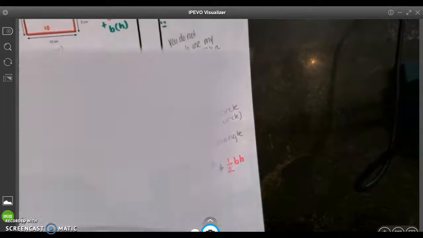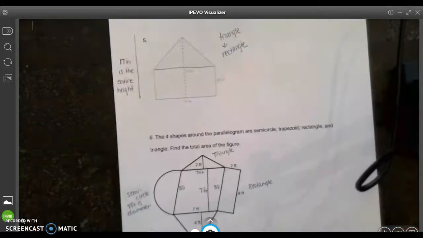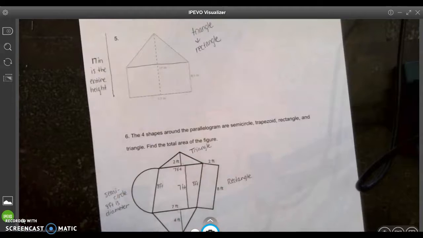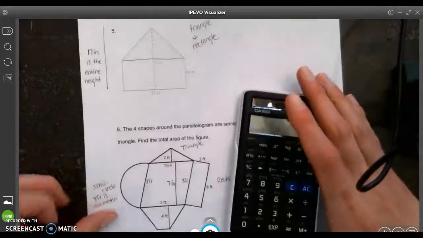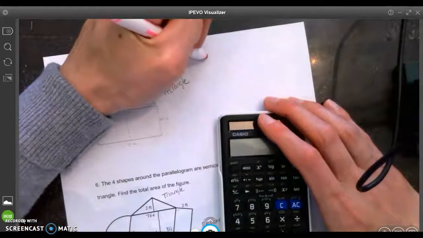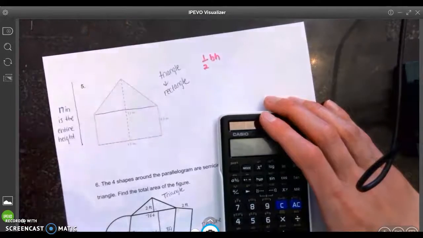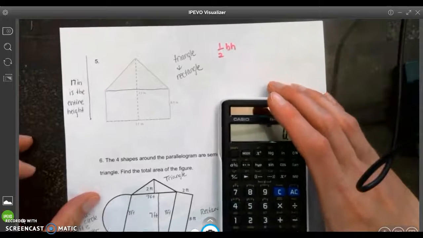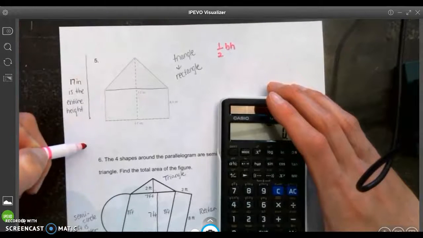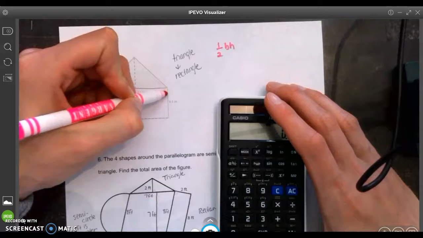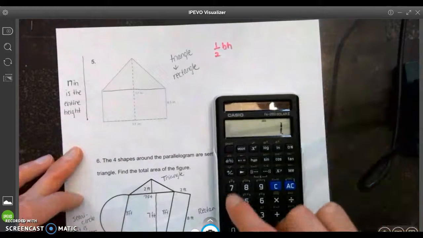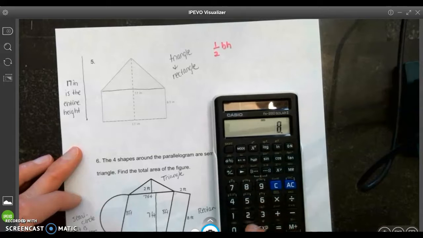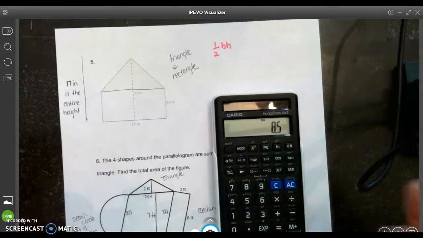So then for number 5, what do we have? A triangle and a rectangle. So I made a note off to the side that 17 is the entire height. So when we use the triangle formula, 1/2 base times height, my base is 17. But if my height is 17 for the whole figure, and this is 8.5, I want to take 17 minus 8.5 and get 8.5.